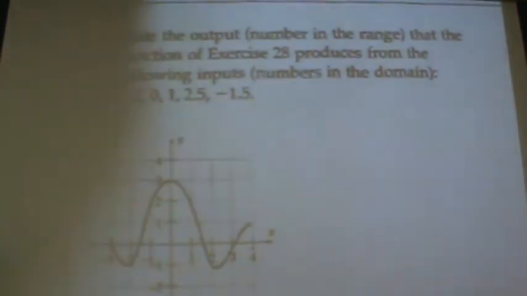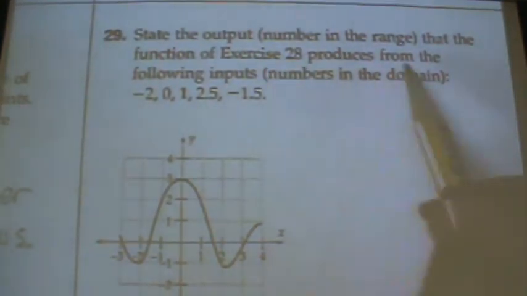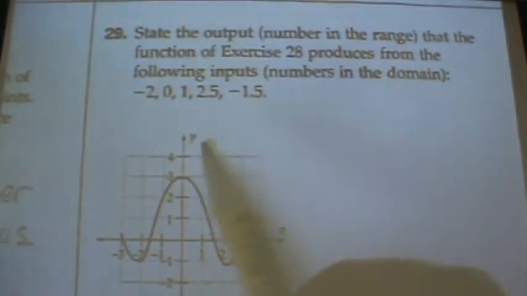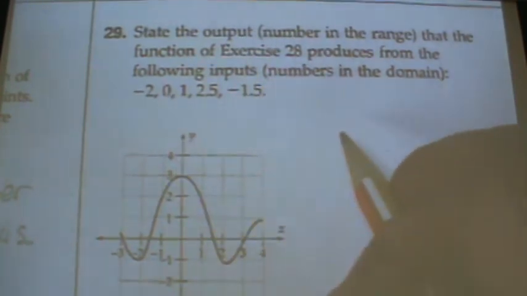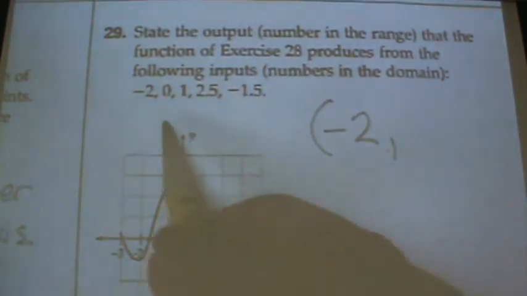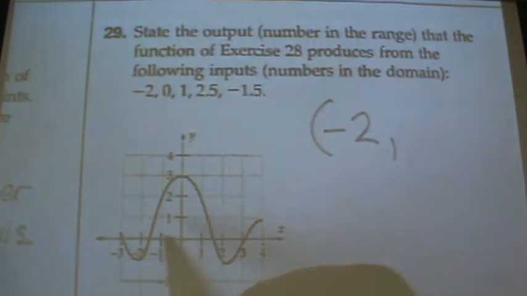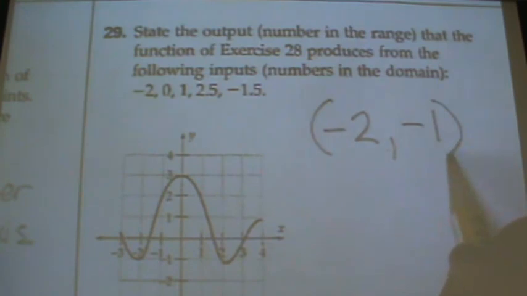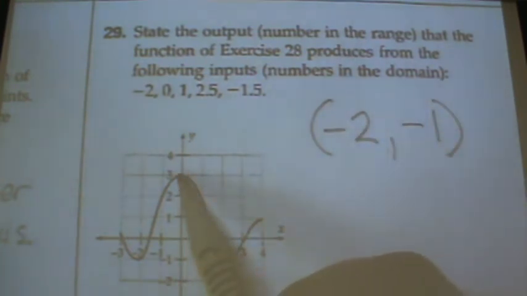29, state the output for these inputs. So these are the x values. So when you have x is negative 2, what y value do you get? So you go over to negative 2 and you get negative 1. 0 goes to 3.